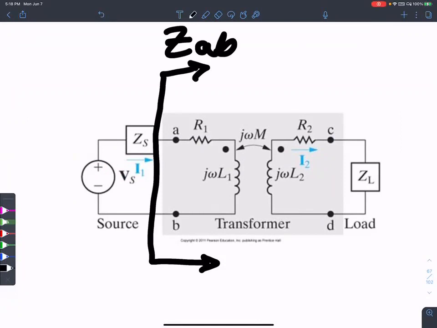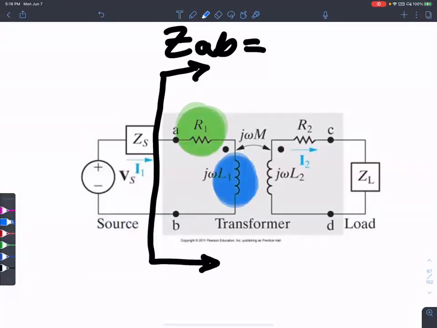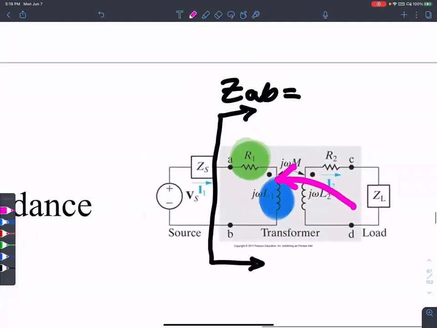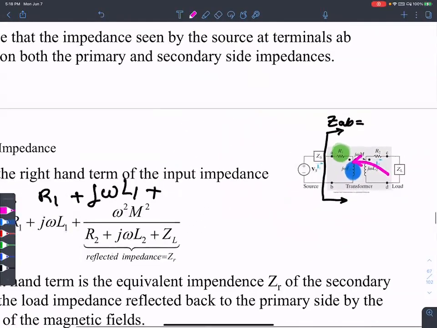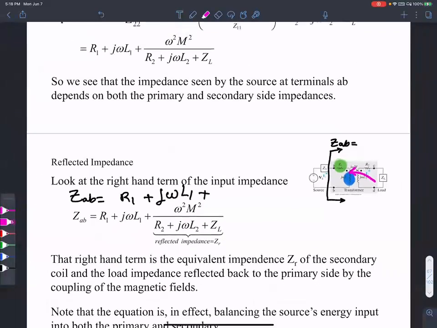The result tells us, when you do the math, that ZAB equals a component of this resistance, a component of this impedance, and some component from the invisible hand, coming through M. You see, M is the invisible hand coming from the other side. Remember?